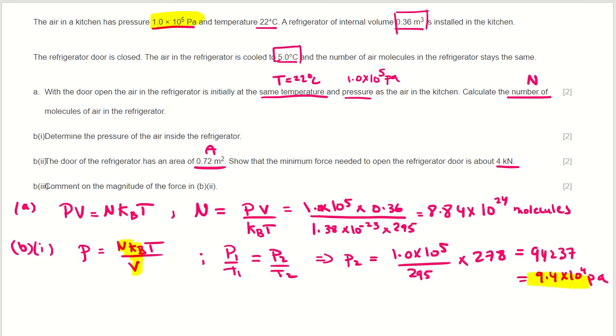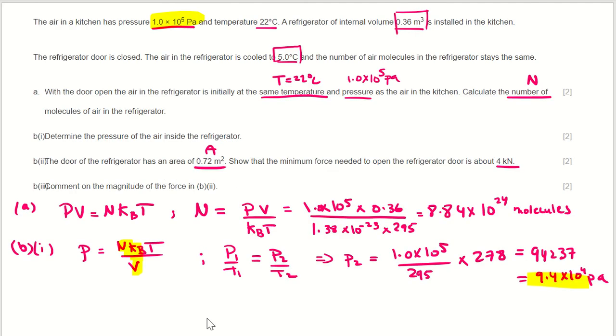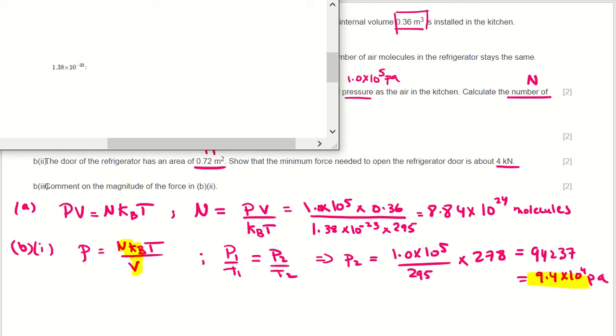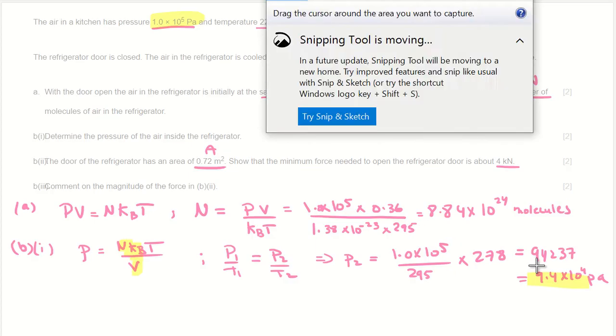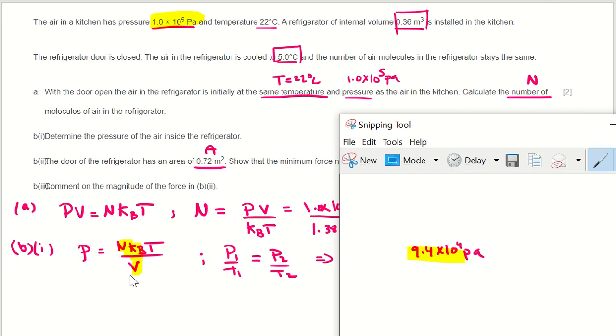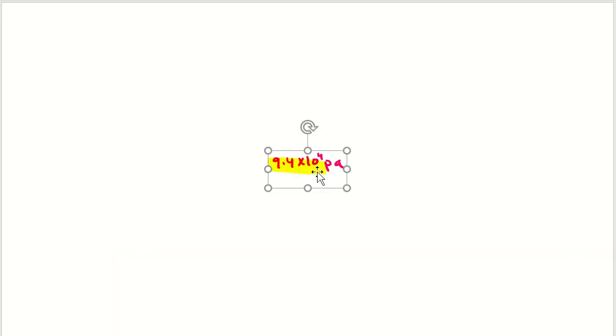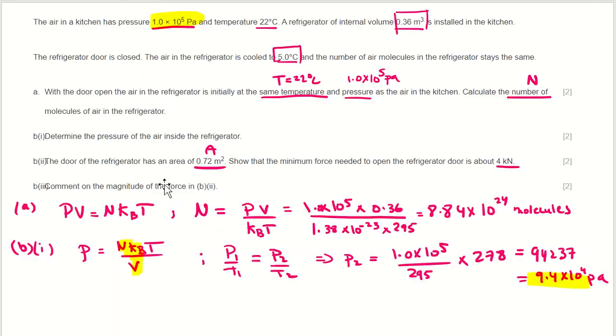So let me do it on another page. I need the pressure which is inside, and I need the area, which is 0.72.